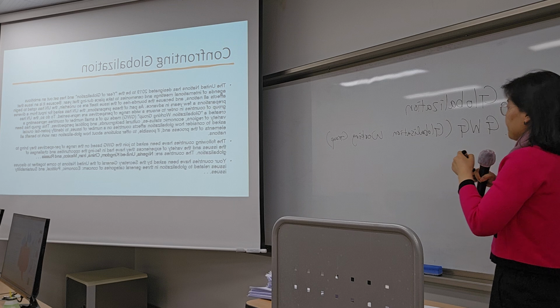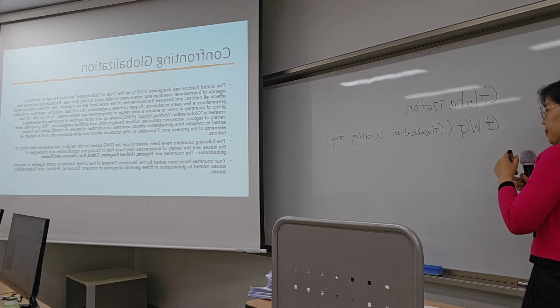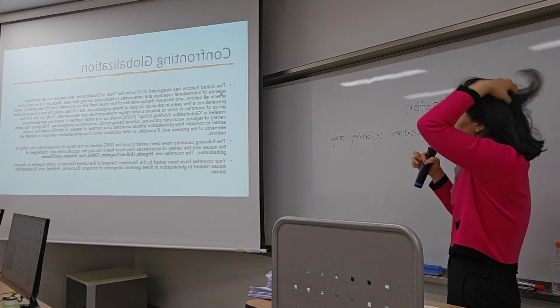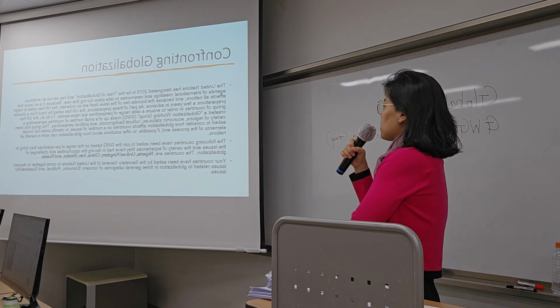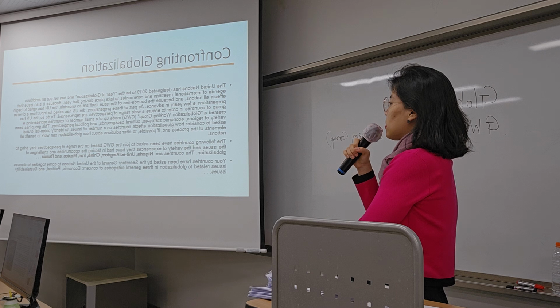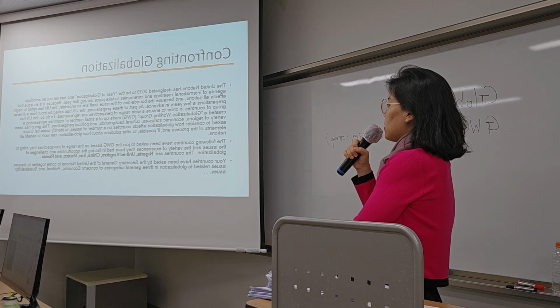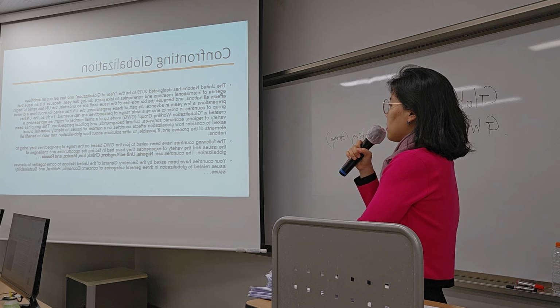The following countries have been asked to join the GWG based on the range of perspectives they bring to the issues and the variety of experiences they have had in facing the opportunities and challenges of globalization. The countries are Nigeria, United Kingdom, China, Iran, Mexico, and Russia.